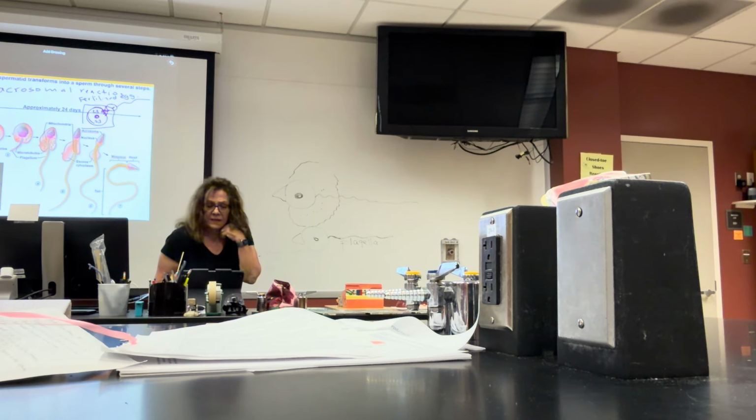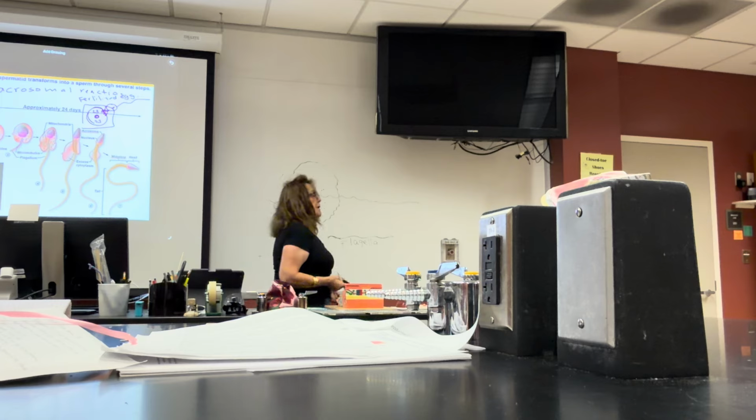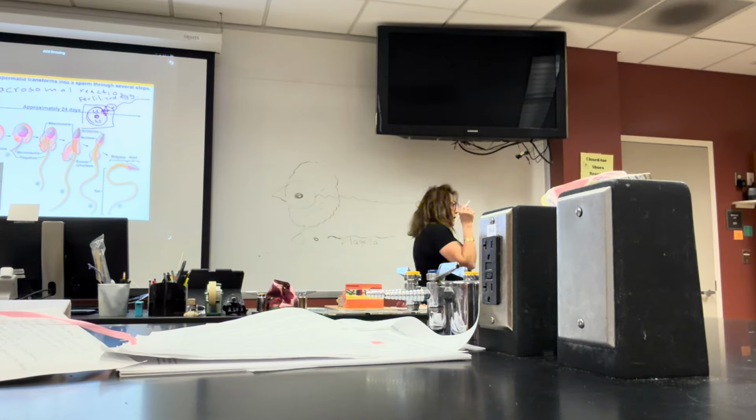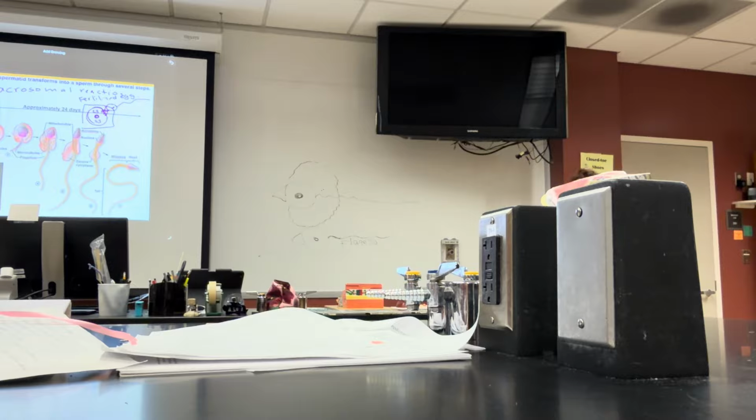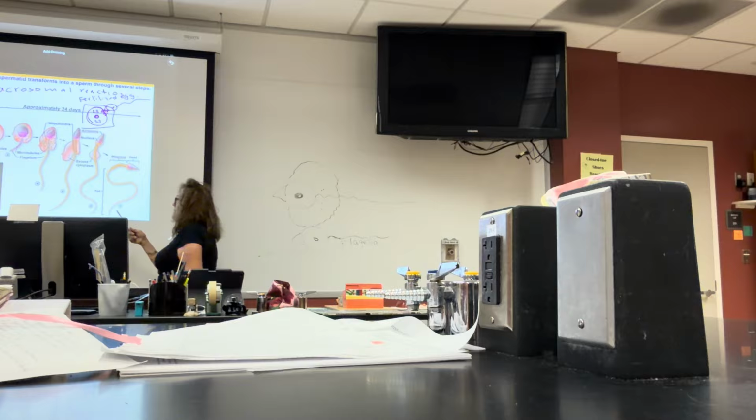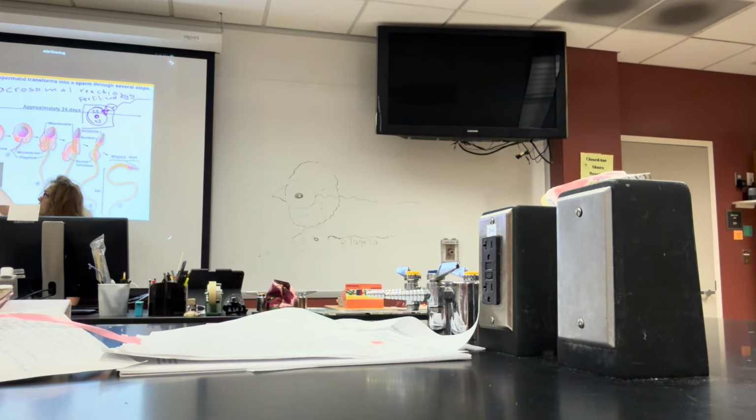Now, one more thing here is important, the acrosomal reaction. When spermatozoa arrive at one egg, 400 million spermatozoa arrive at one egg, and I'll tell you where the egg waits for them.